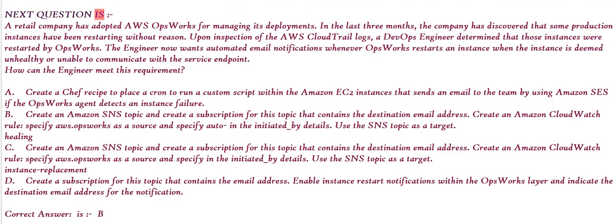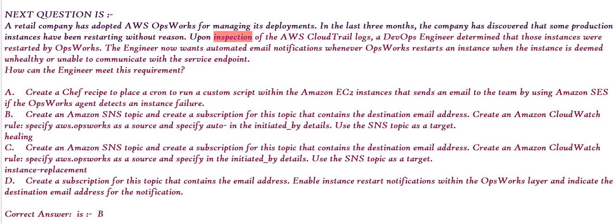Next question is: a retail company has adopted AWS OpsWorks for managing its deployments. In the last 3 months, the company has discovered that some production instances have been restarting without reason.